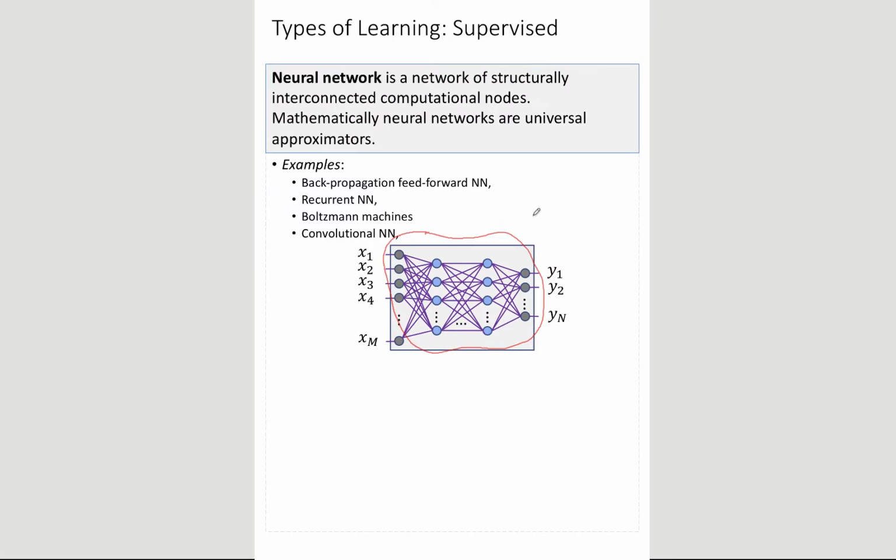Among a multitude of proposed neural network models, the most standard ones are the backpropagation feed-forward neural network used in classification and regression, recurrent neural network used in modeling of dynamic processes, for example speech or stock prices, Boltzmann machines, usually helpful in modeling probability distributions, and convolutional neural networks. These beat all other machine learning algorithms in such tasks as image recognition and image synthesis.